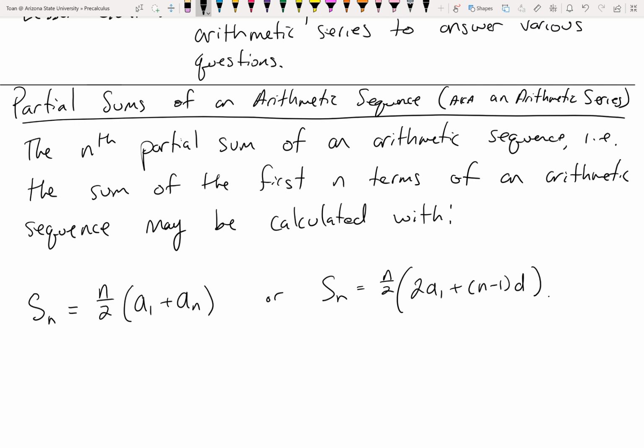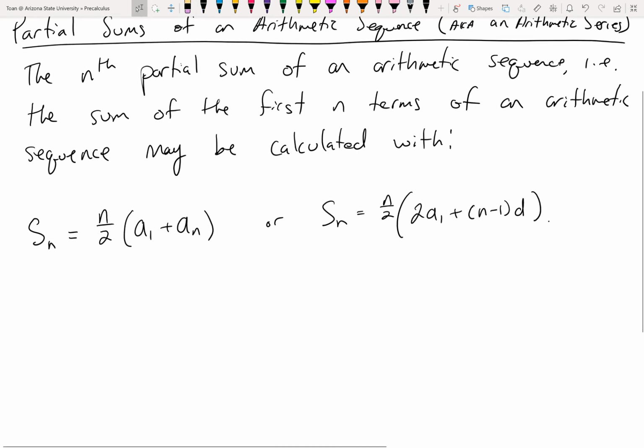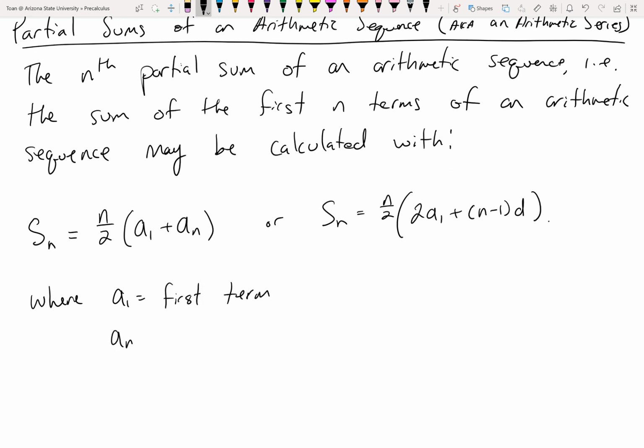The reason why there's two variations is because it depends on what information you are given. So a sub 1 equals the first term, a sub n equals the last term, n equals the number of terms, and of course d is the common difference.